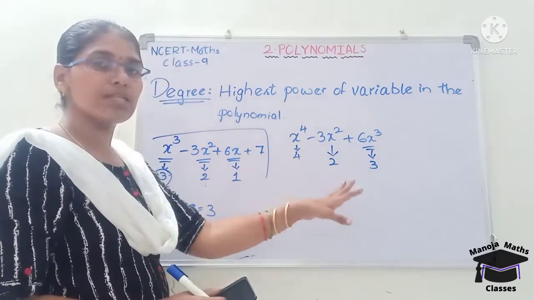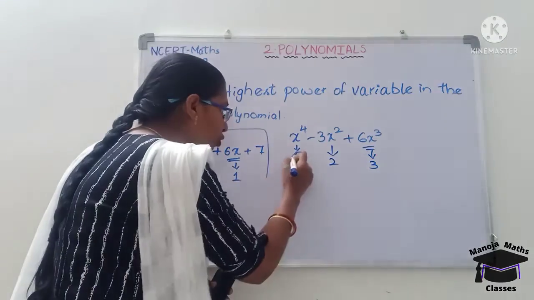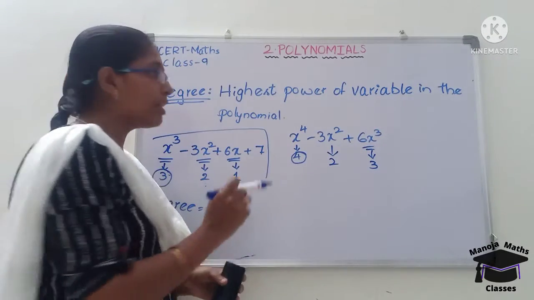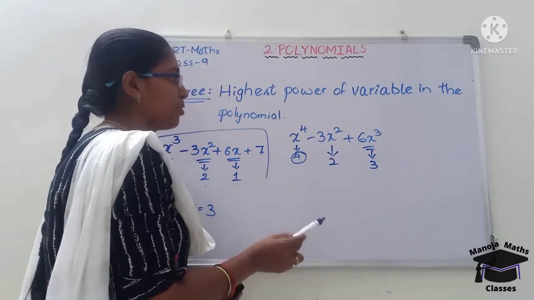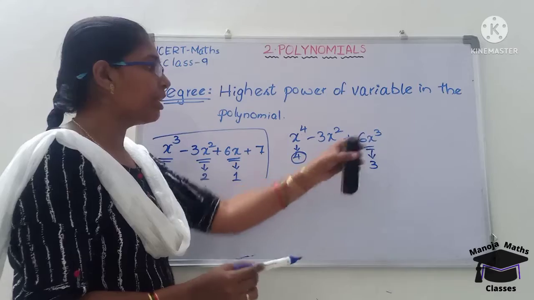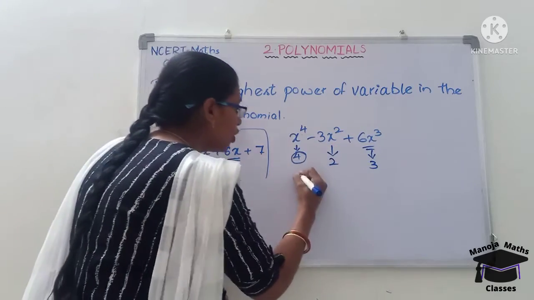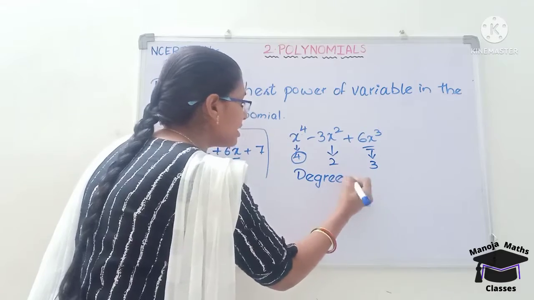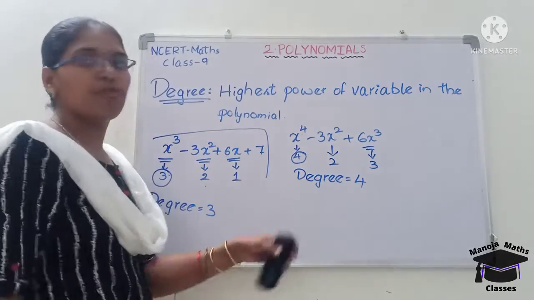So what is the highest of the 3 exponents? It is 4. You have one variable x in this expression, so for that variable, you check the highest power. Here you have 4, here 2, here 3. So the highest is 4. Degree is nothing but the highest exponent, so for this expression, the degree will be 4.